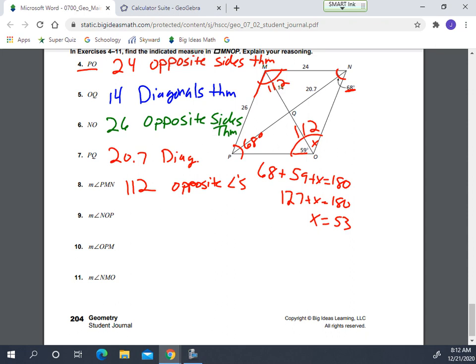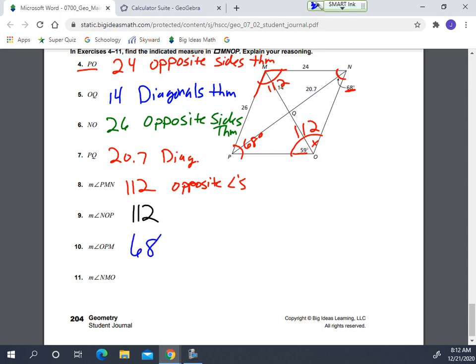How about NOP? I'm going to keep all my angles there because that's important to know. NOP is 112. Just found that. OPM is 68. Again, I found that. And NMO. That's this angle here. What does that equal? Well, here's 59.